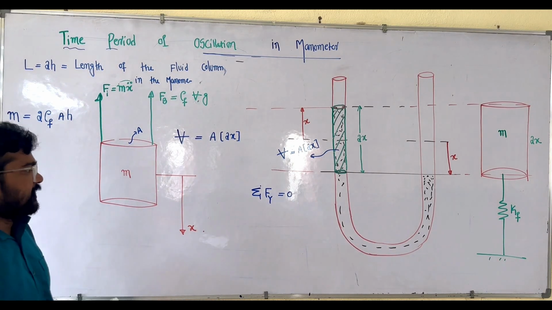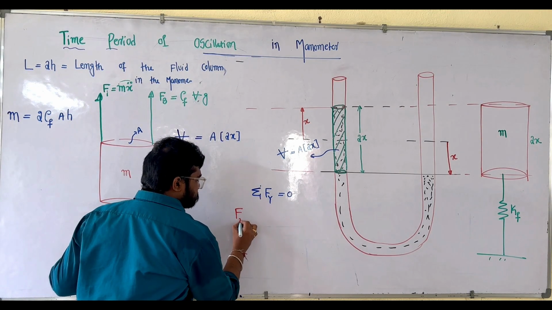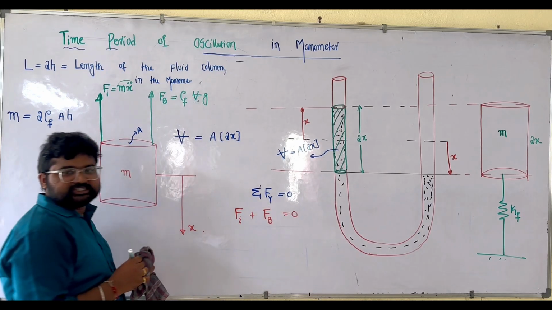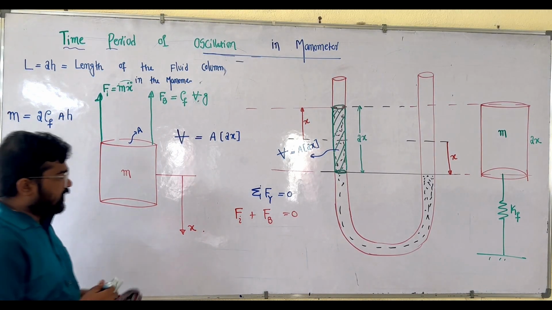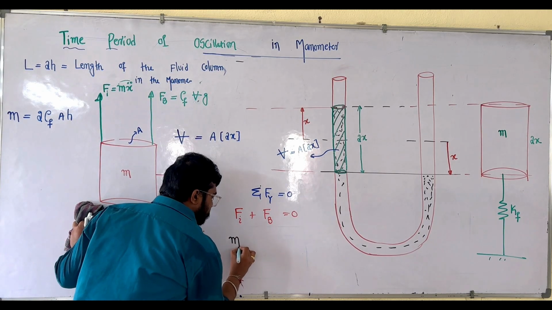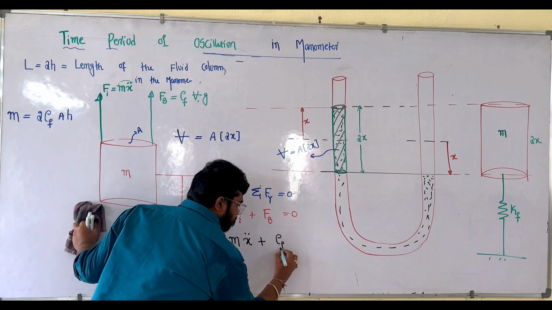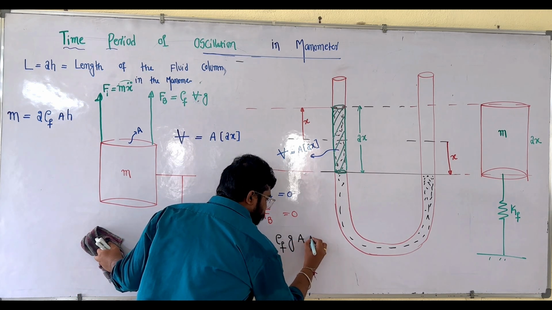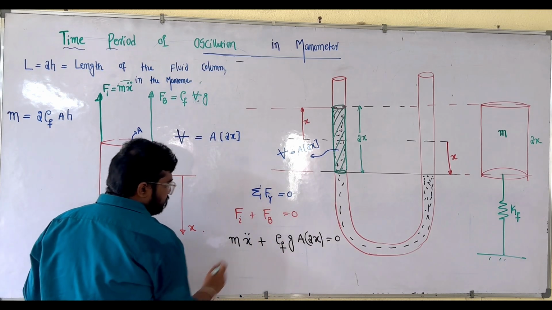Then what is obtained here? Inertia force plus buoyant force equal to 0. Then m x double dot plus density of the fluid into G into A into 2 into x equal to 0.